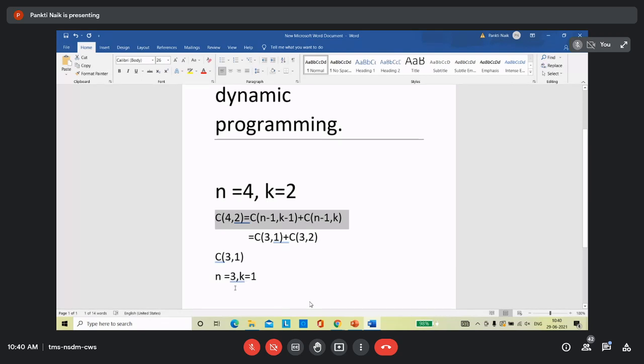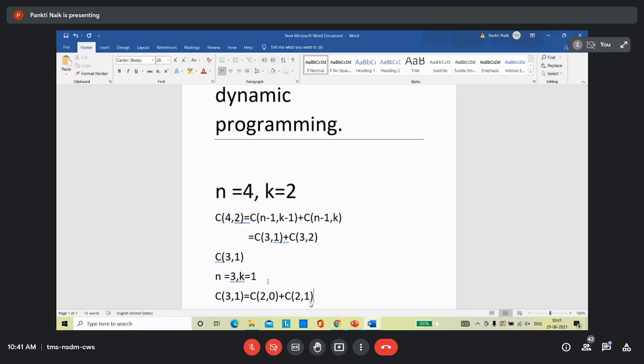So what do we get? C(3, 1) is equal to C of n minus 1, that is 2, comma k minus 1, that is 0, plus C of n minus 1, that is 2, comma 1.